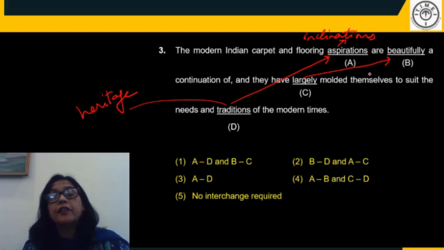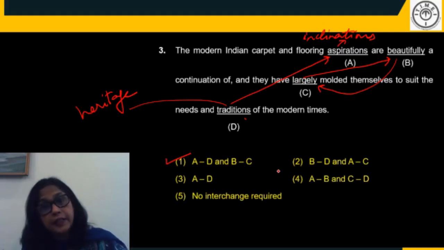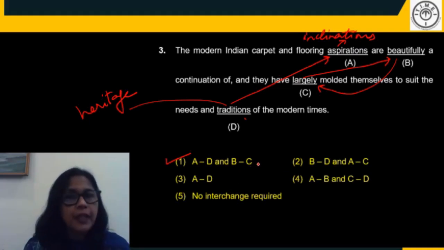And they have beautifully molded themselves to suit the needs and aspirations of the modern times. So the correct answer would be the first one, where A is interchanged with D and B is interchanged with C, so that we get a meaningful sentence.